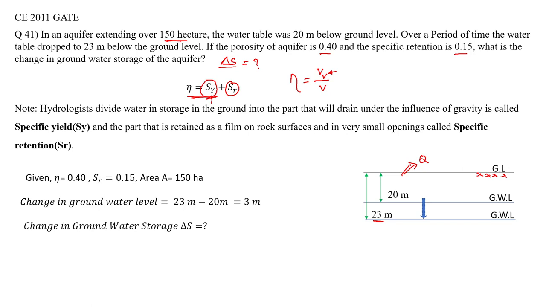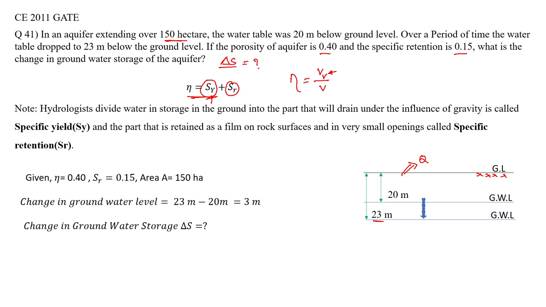What I essentially meant is that after squeezing, still some water will be left in the sponge. That amount of water is the specific retention. The amount of water drained away from the sponge when you squeeze is the specific yield. So that is the analogy I want to give.